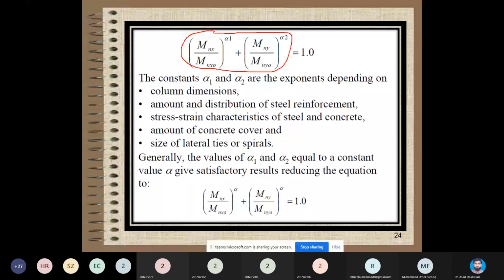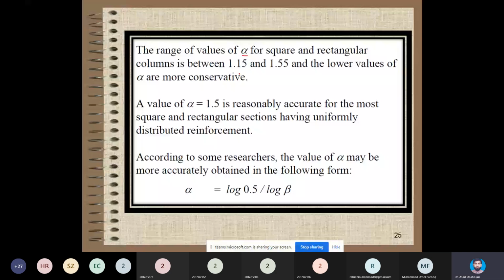Generally, to simplify this equation, alpha 1 and alpha 2 are considered constant, and only a single alpha is considered as the exponent. Furthermore, alpha recommended for square and rectangular columns is between 1.5 to 1.55, and the lower value of alpha is more conservative.